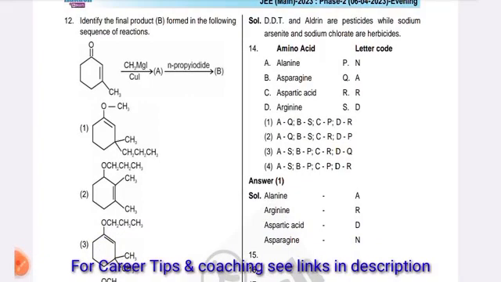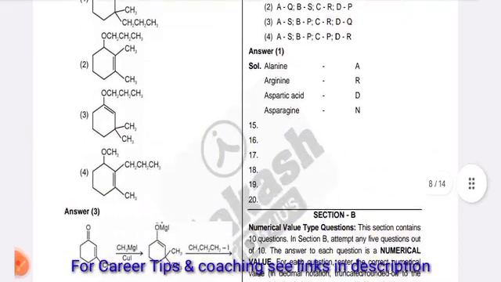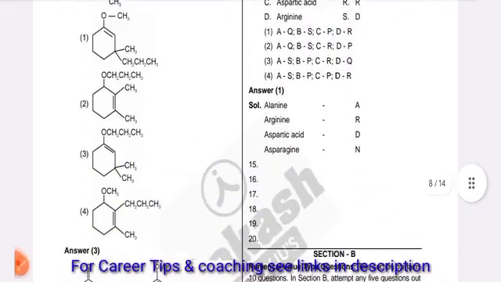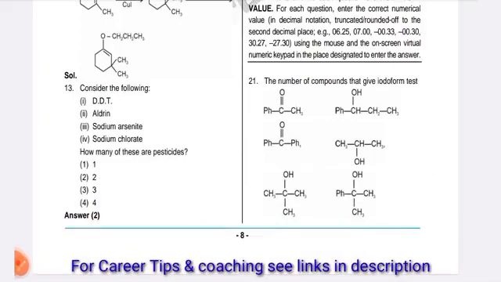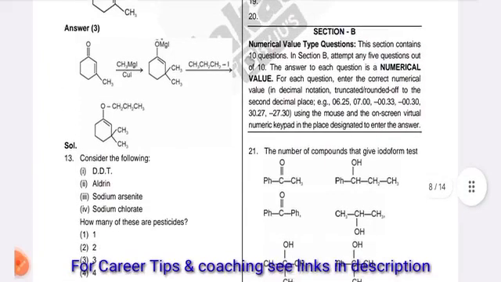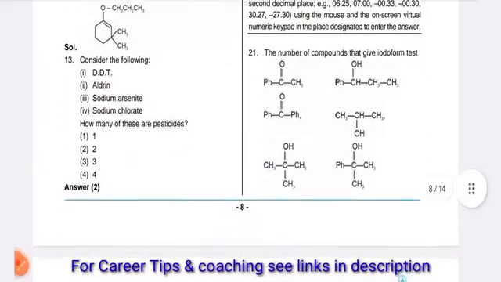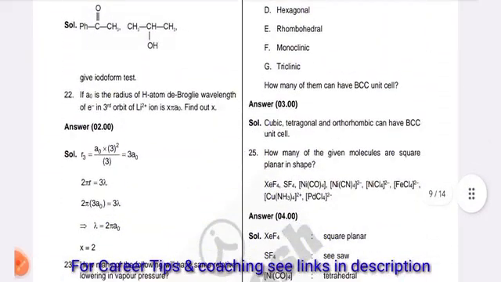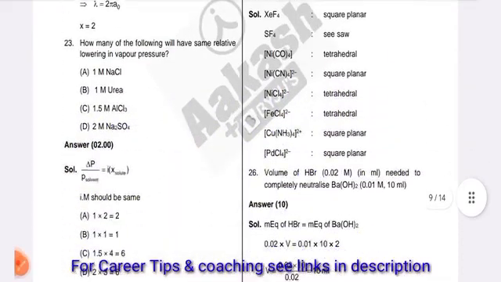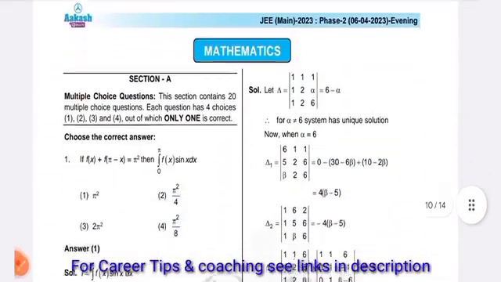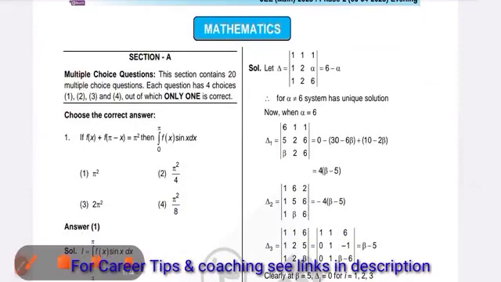So the 14th question answer is 1, the 12th question answer is 3, and the 13th question is 2, and there are some numericals. So the maths we'll see in the next video.